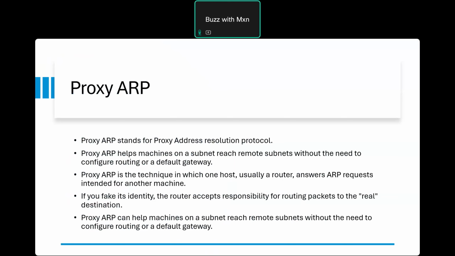If proxy ARP is configured on the router interface, it will respond back to the ARP request with its own MAC address. It's a proxy, basically. The router responds back to the host sending the request with its own MAC address, and the host thinks that this is the MAC address of the intended destination that I wanted to reach. So proxy ARP works in this way.